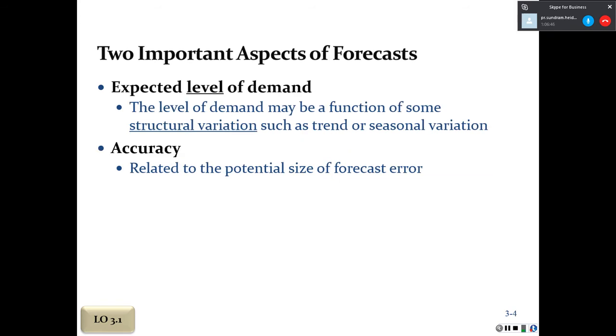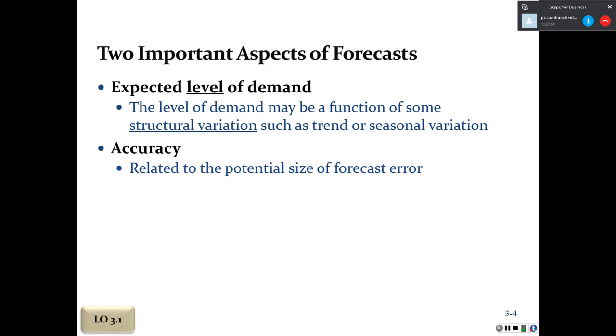There are two important aspects of forecasting. The first is the expected level of demand, and the next one is the forecast accuracy, which is a function of the ability of a forecaster to correctly model demand and sometimes model unforeseen events.